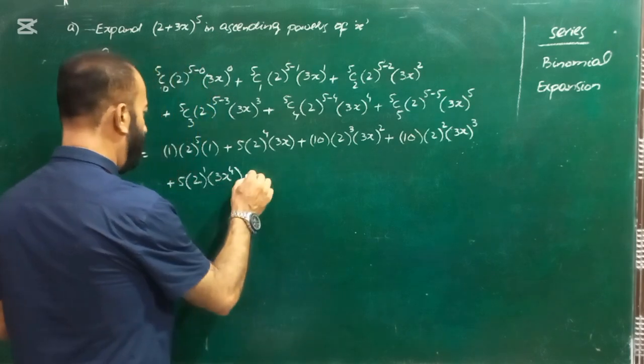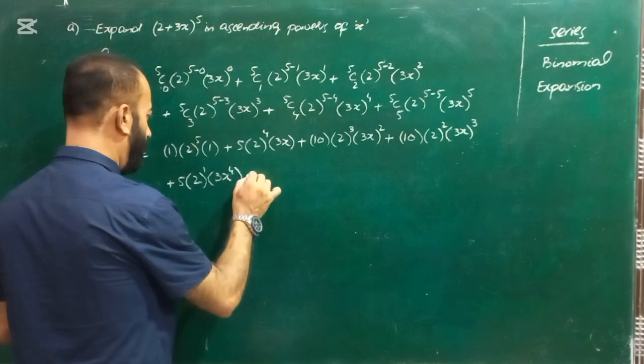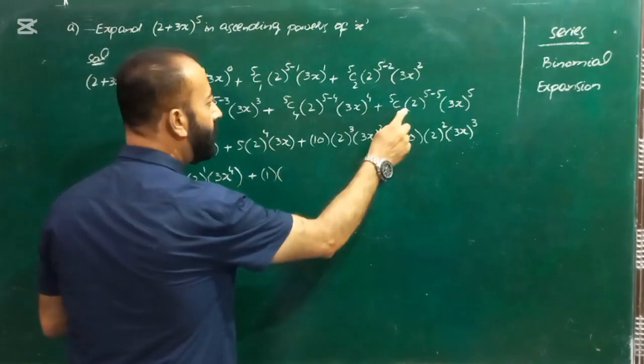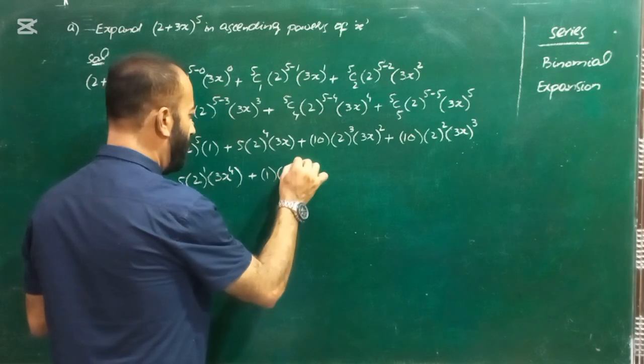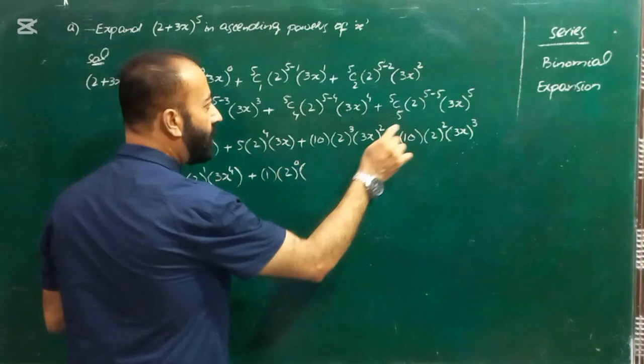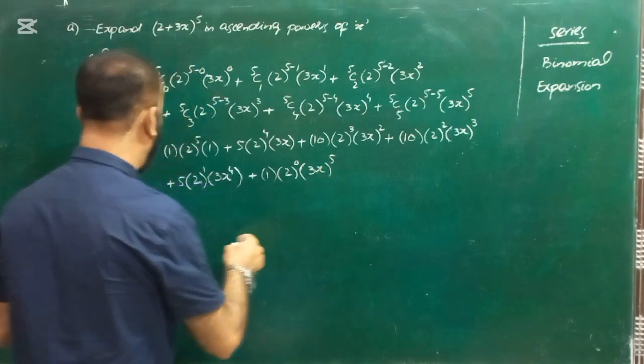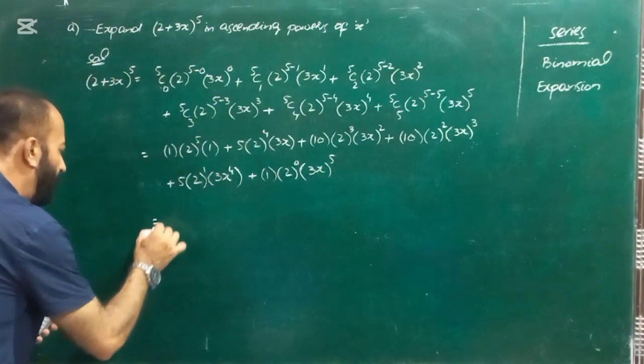Answer is 1. Into 2 raised to power 0 and 3x raised to the power 5. So this is the simplified form. From here we are simplifying more.